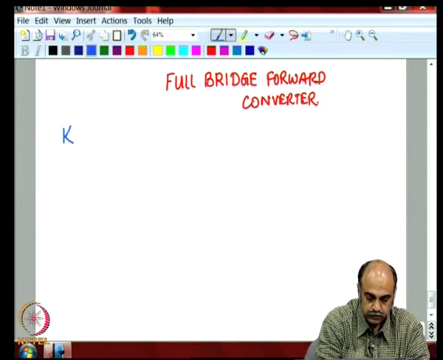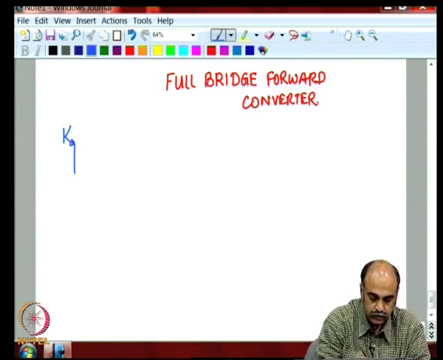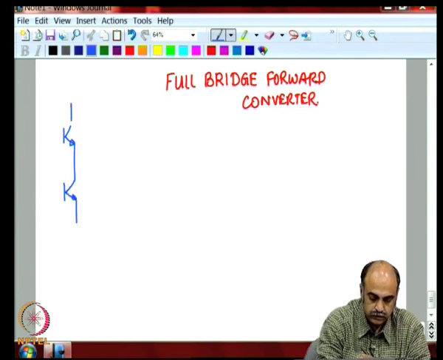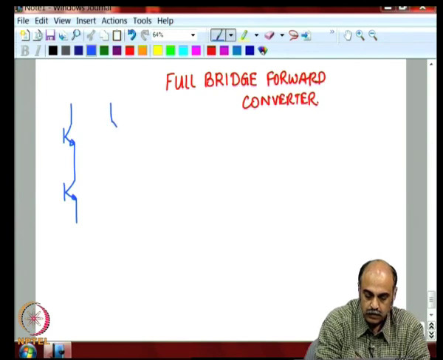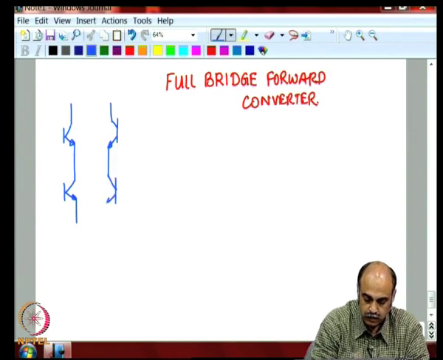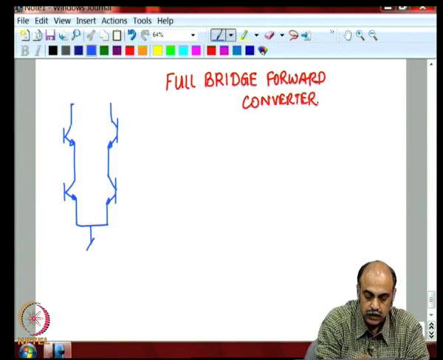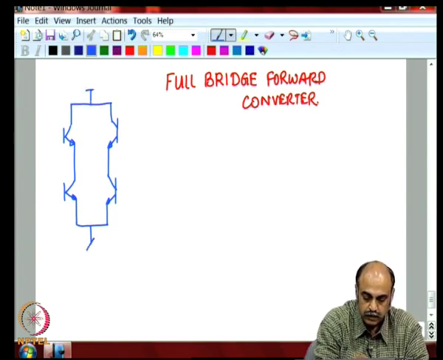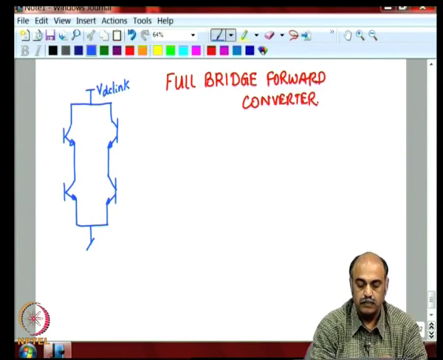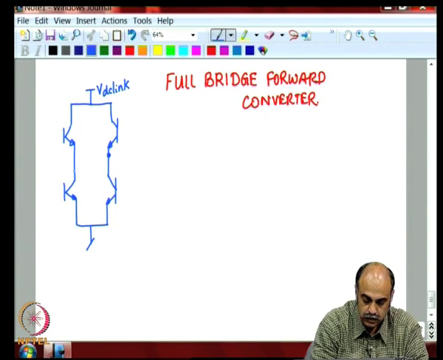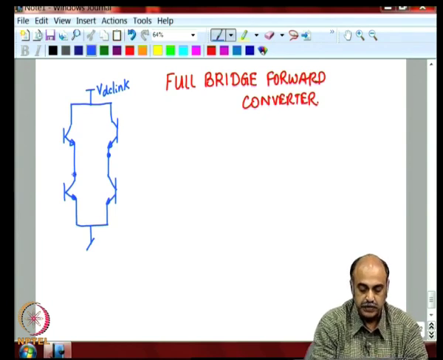We have these transistors, and let us have a power supply which provides the DC link, the input, and then across the bridge.